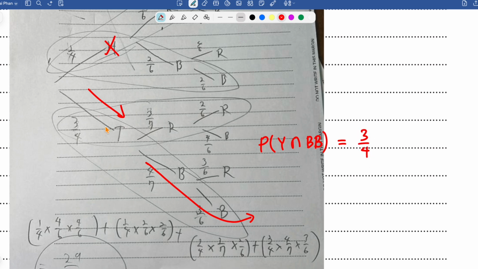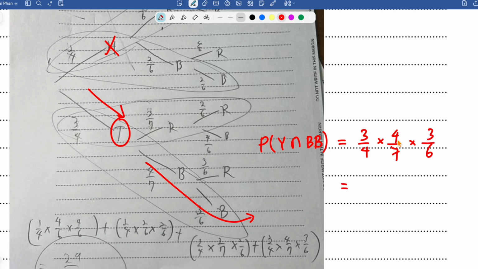It is 3/4, the probability of getting a tail when tossing a coin and choosing from bag Y, times 4/7, and times 3/6.